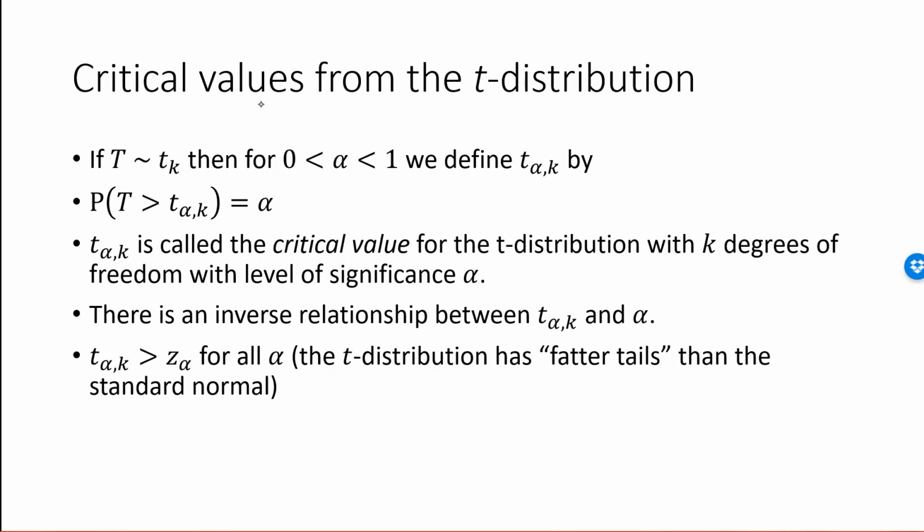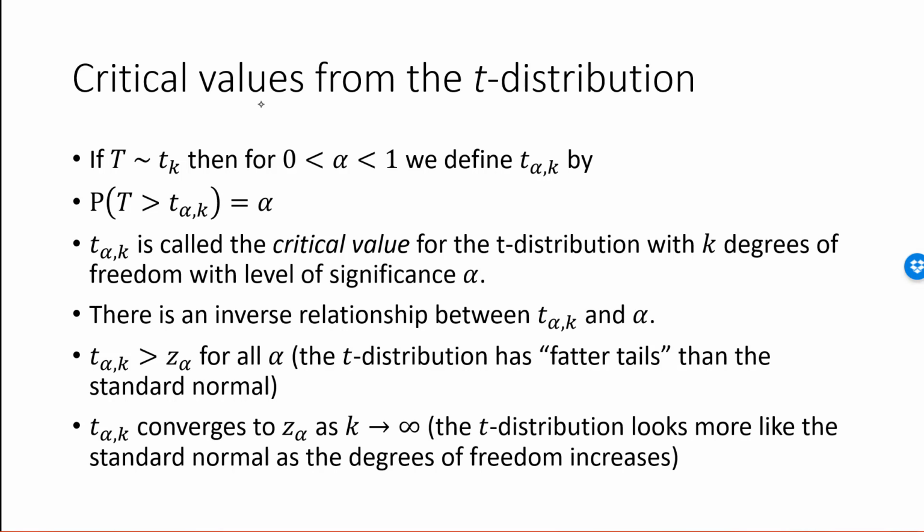But the difference between them becomes smaller and smaller as k increases. So we have that t alpha k converges to z alpha. They become almost the same as k increases.